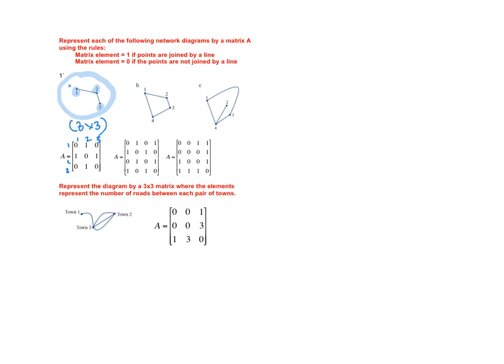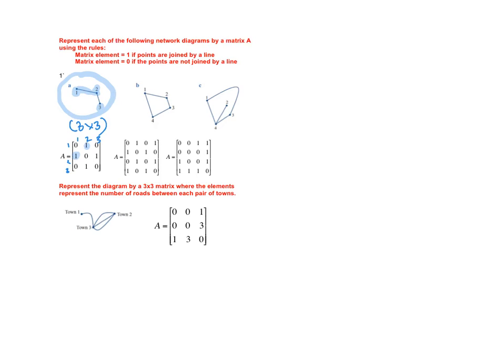So what we look at is, is there a path between 1 and itself? Sometimes you see a loop, but there isn't, is there? No. So we put a 0. Is there a path between 1 and 2? Yes. So we put a 1. Is there a path between 1 and 3? No. So we put a 0. Is there a path between 2 and 1?